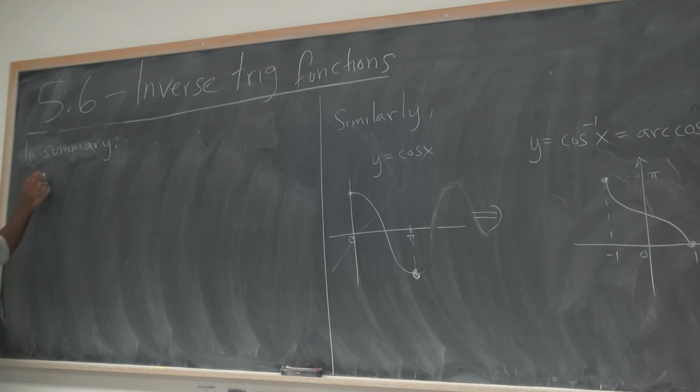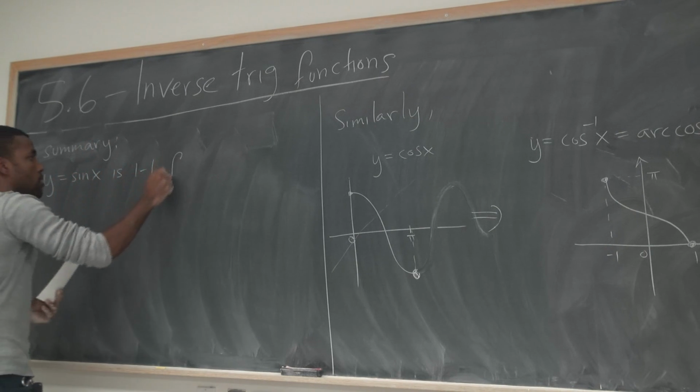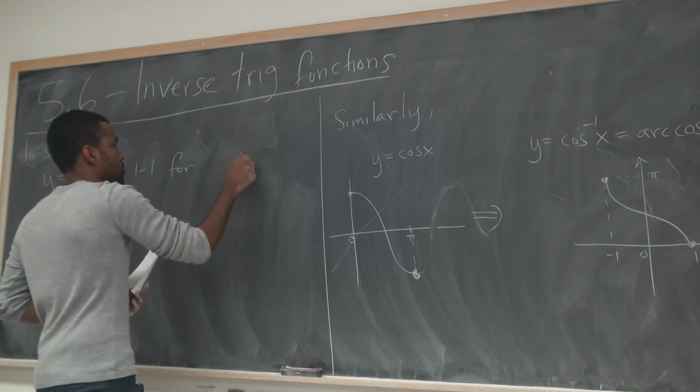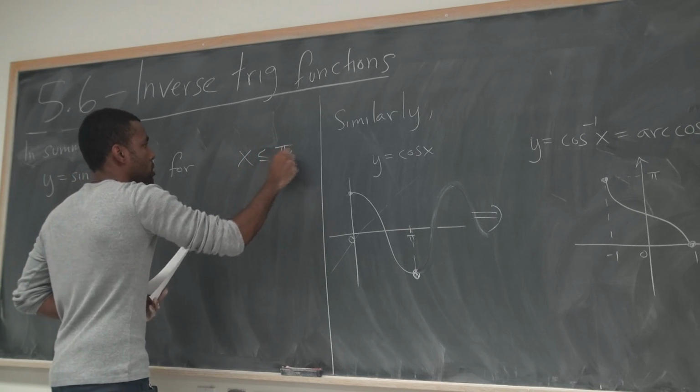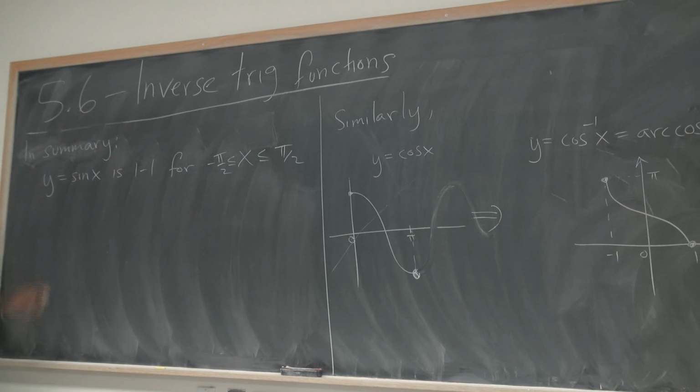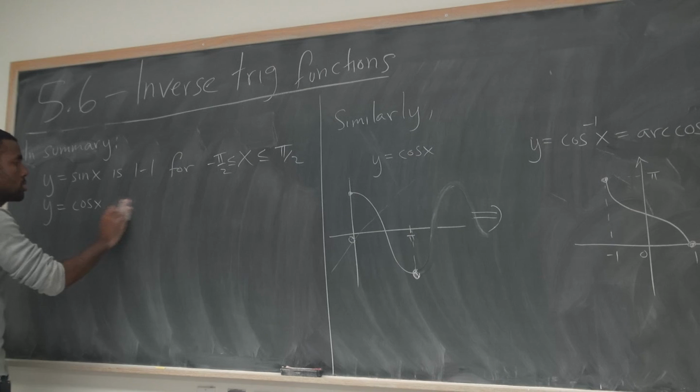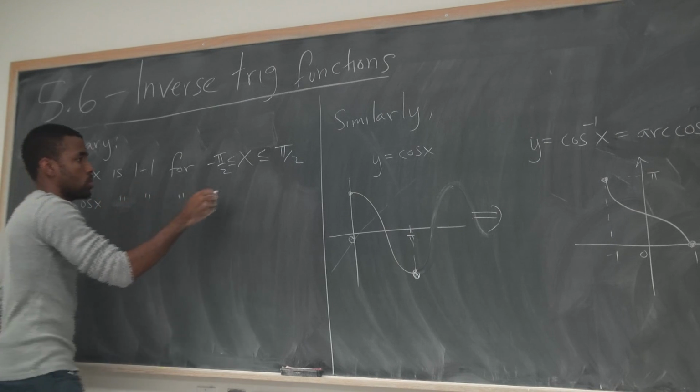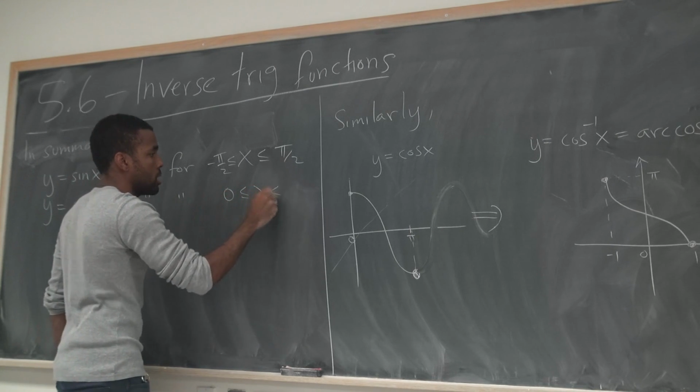Okay, so y equals sine x is 1-to-1 for x between pi over 2 and minus pi over 2 inclusive. Y equals cosine x is 1-to-1 for x between 0 and pi inclusive.